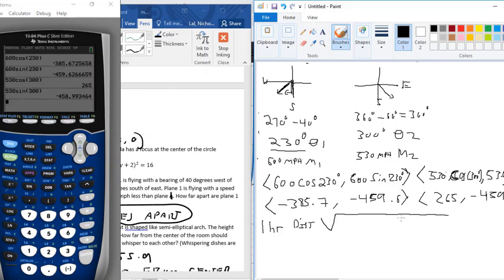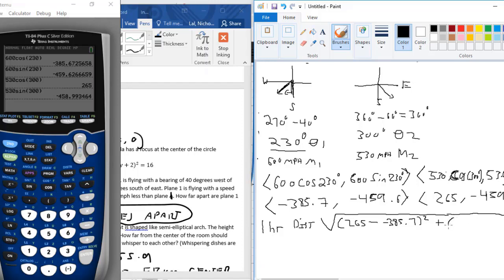We have the square root of x2, 265, minus x1, minus negative 385.7, squared. As that's x2 minus x1 squared, plus, let's do y2 minus y1 squared.